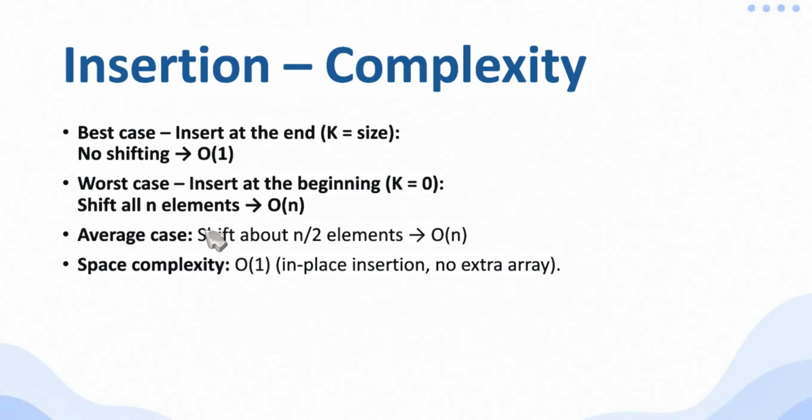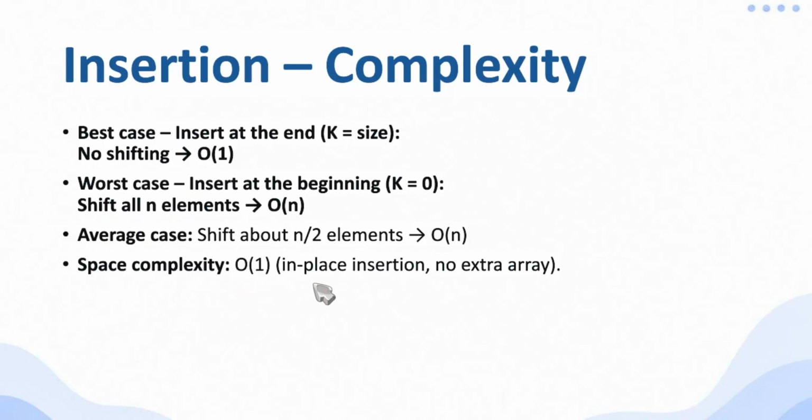Think about insertion at a random position. On average, we have to shift about n by 2 elements. In big O notation, we drop the constant, so it becomes O(n). And space complexity becomes O(1).